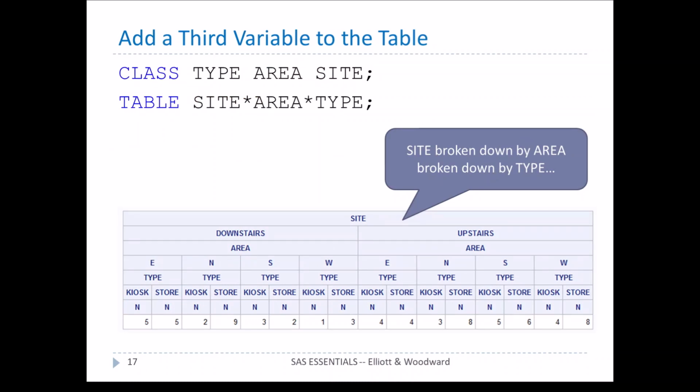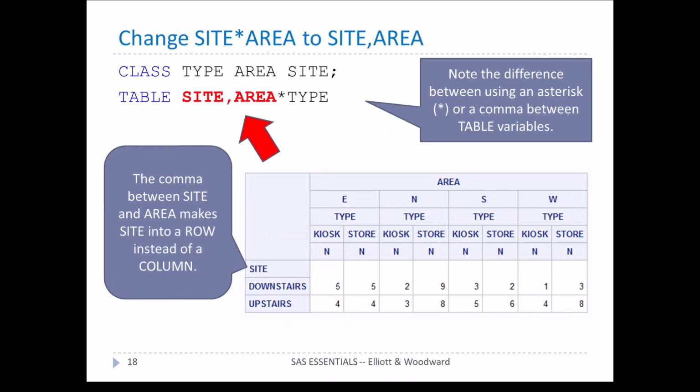By changing site to site comma, what that did is it made the site into a row instead of a column. So here down by the row we have site, downstairs, upstairs, and then area by type is as we've seen before, where we have area broken down into its areas and then type broken down into its types. So the comma specifies rows and columns for a table.